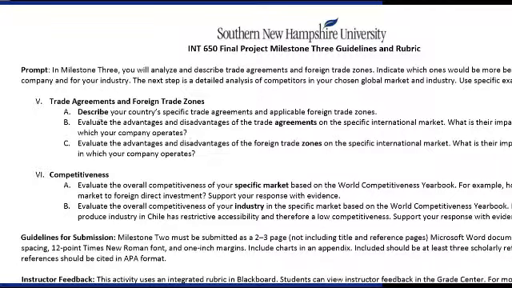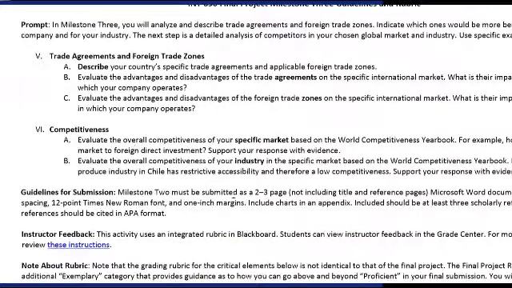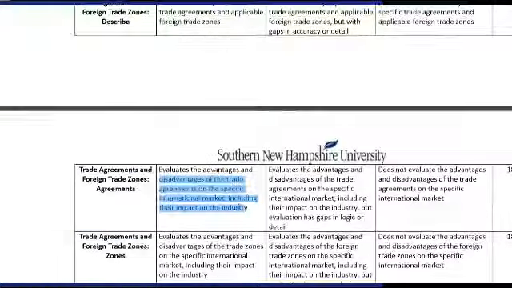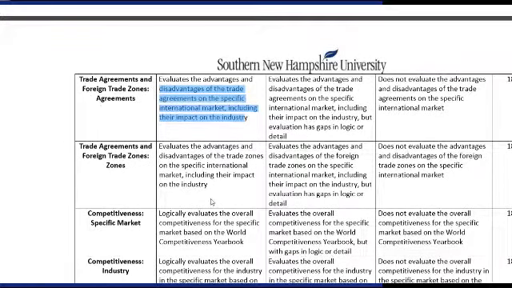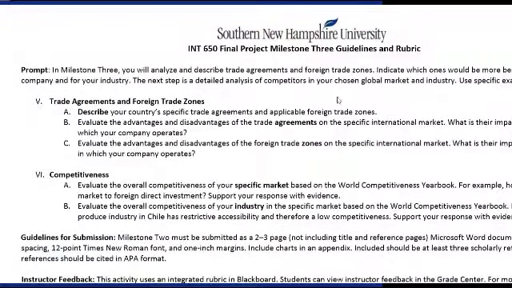This is a good guide that will help you see what is being asked. It's very detailed here, but if you want to break it down even more, you look here. This is a way that you can leverage the rubric for your own benefit.